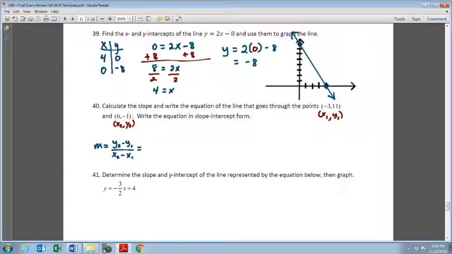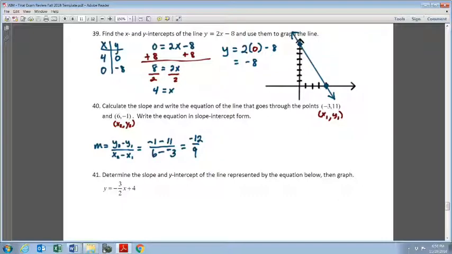So y sub 2, that's negative 1, minus y sub 1, which is 11, over x sub 2, which is 6, minus x sub 1, which is negative 3. Notice we're subtracting negative 3 there. That's going to give us negative 12 over 9.